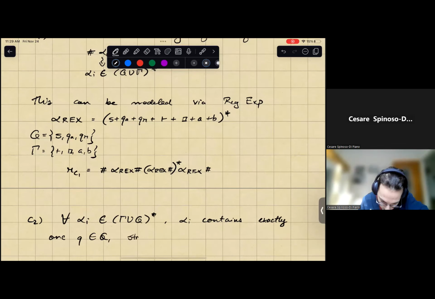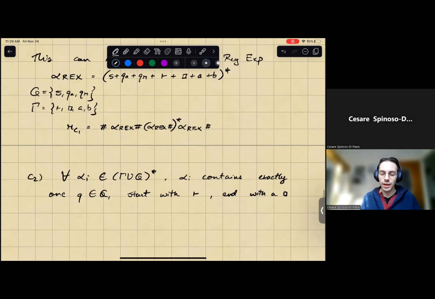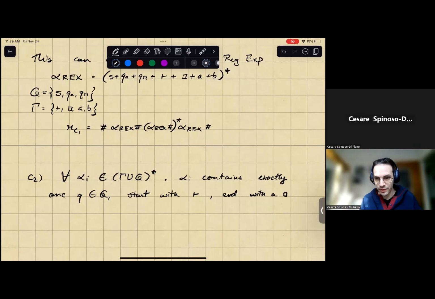It should start with a dash, and it should end with a blank. Okay, and so you could kind of use a regular expression for this. It's just sometimes difficult to write regular expressions where the condition is something like exactly one.